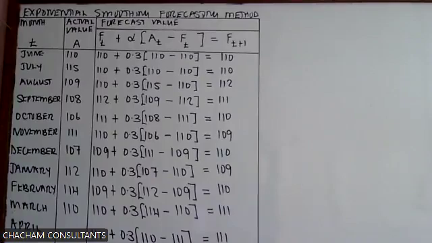The next one is we are told to get the 3 months moving average.